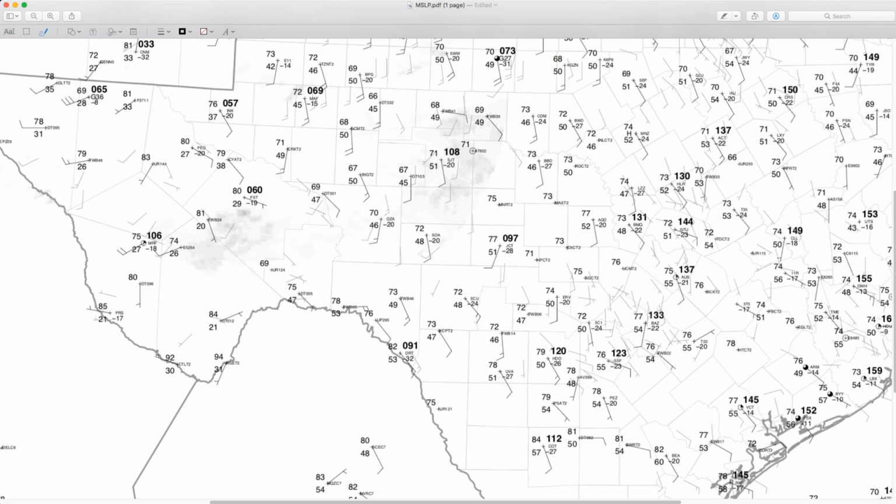So far, we've been looking at mostly the temperature and the pressure, right? And the direction of the winds. Now, for this analysis, we're only going to look at the dew point. This is the only thing we want to look at here.